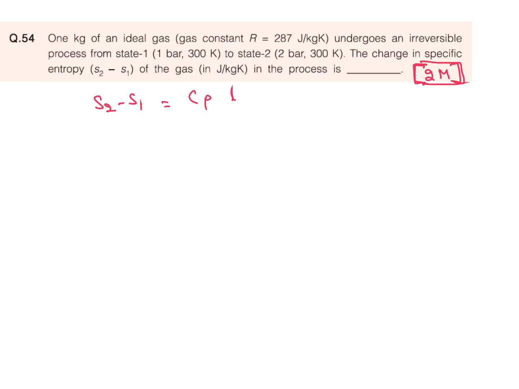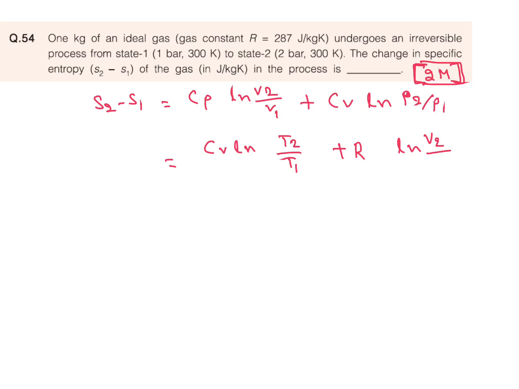Cp ln V2 by V1 plus Cv ln P2 by P1. Cv ln T2 by T1 plus R ln V2 by V1. Third formula is Cp ln T2 by T1 minus R ln P2 by P1. According to your data, you have to choose which formula to use.